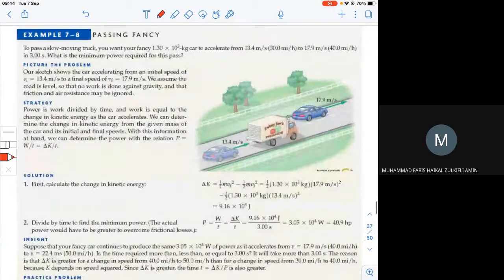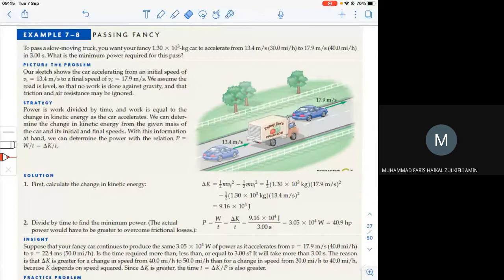To pass a slow-moving truck, you want your fancy 1,300 kilogram car to accelerate from 13.4 meter per second, which is 30 miles per hour, to 17.9 meter per second, or 40 miles per hour, in 3 seconds. What is the minimum power required for this pass?